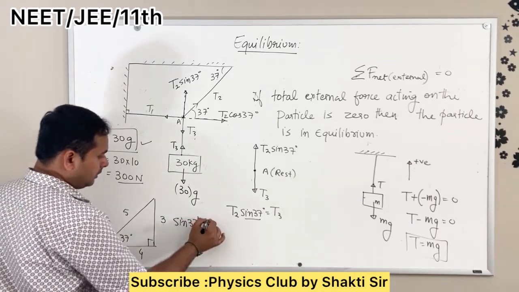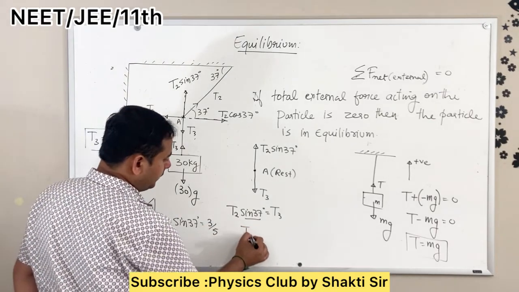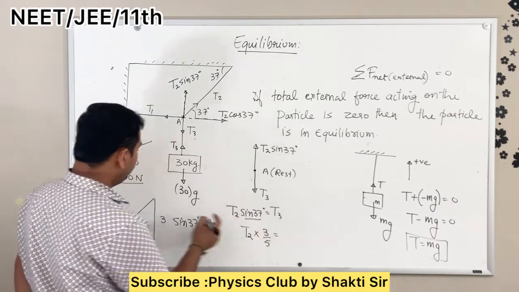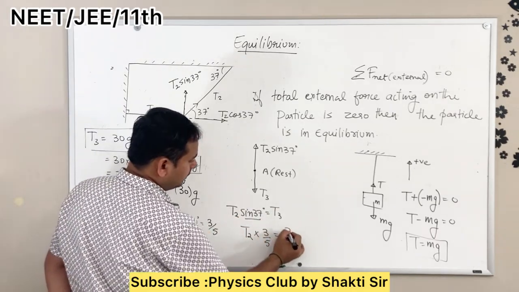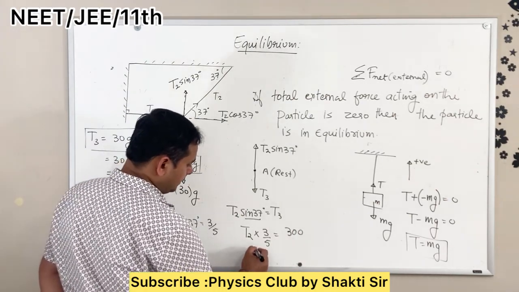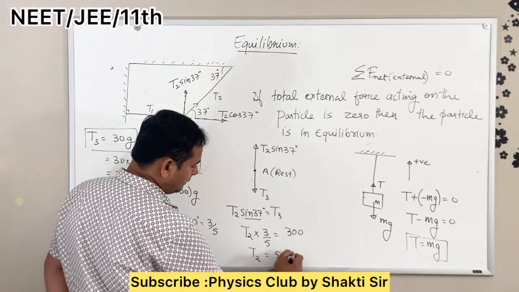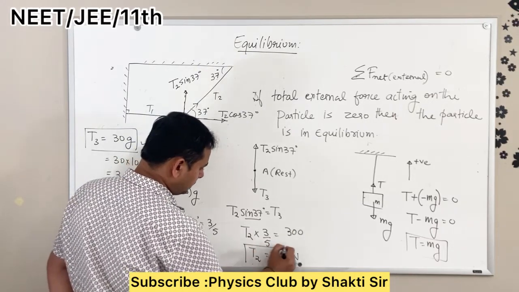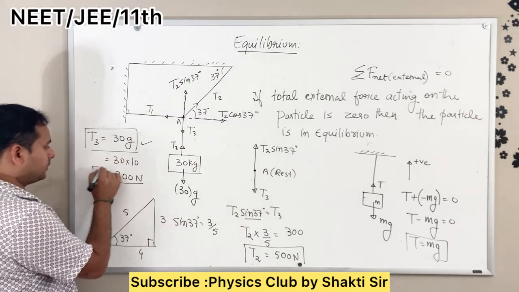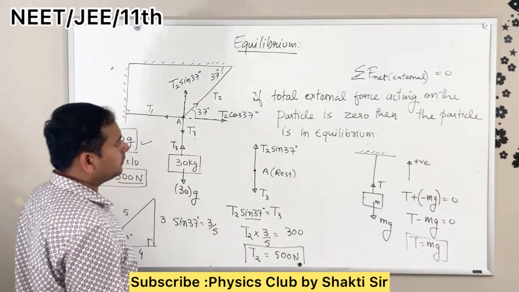Sine value 3 by 5. So T2 multiplied by 3 by 5 equals T3, T3 equals 300 Newton. When we solve this, we get T2 equals 500 Newton. So here T3 equals 300 Newton, T2 equals 500 Newton.